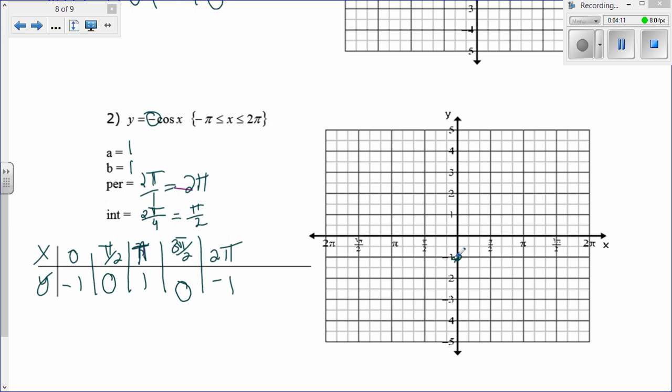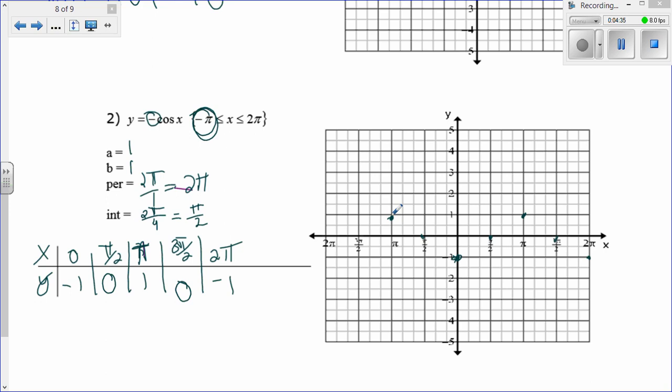Negative 1, and then 0, 1, 0, and negative 1. Here, I'm only going from negative pi to 2 pi, so I'm going to go back up to 0 to the left, and then up to 1, and I'm going to stop there because it tells me to go from negative pi to 2 pi.